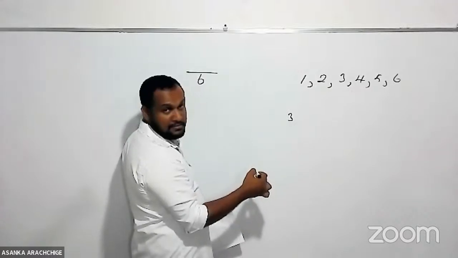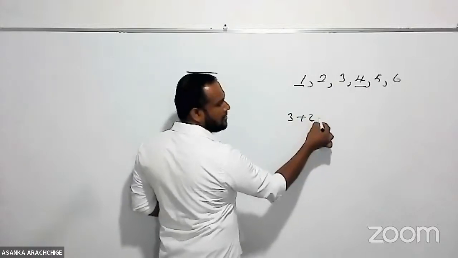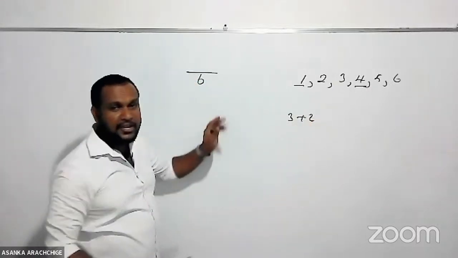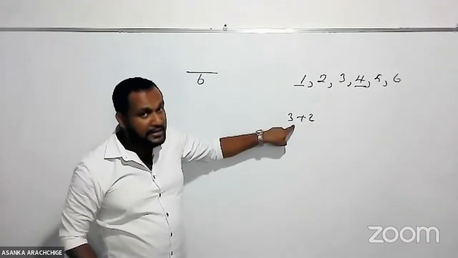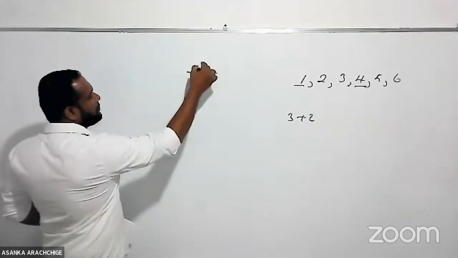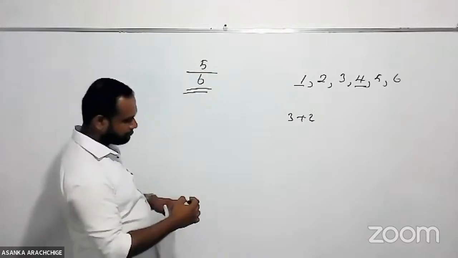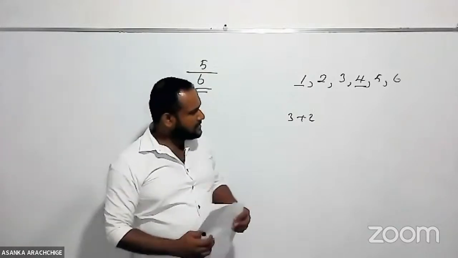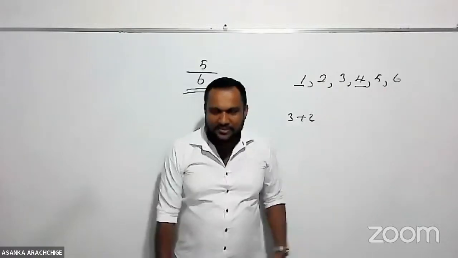How many square numbers are there? 1 and 4. In total, there are 5 elements in that expected event, so the probability is 5 out of 6. 6 is the only element which does not belong to this event. Understood?